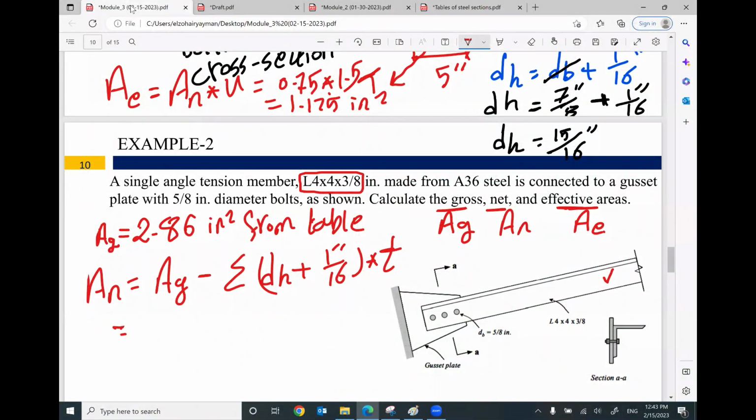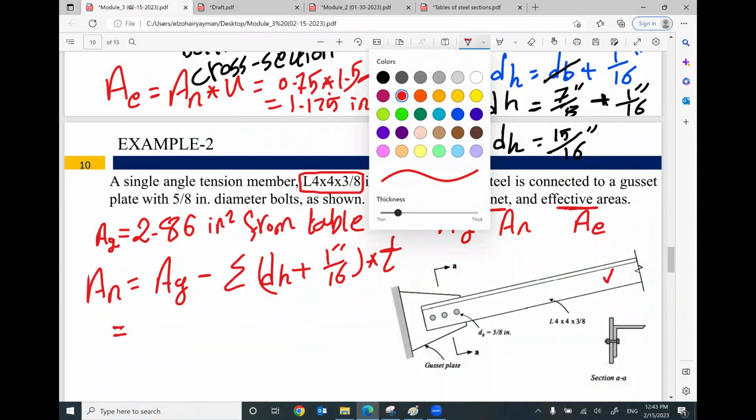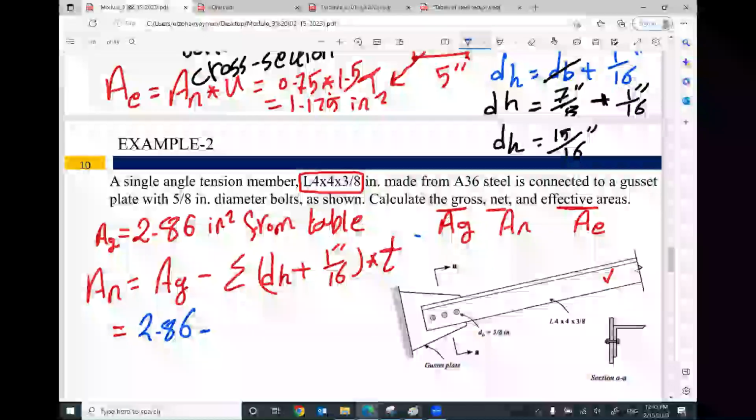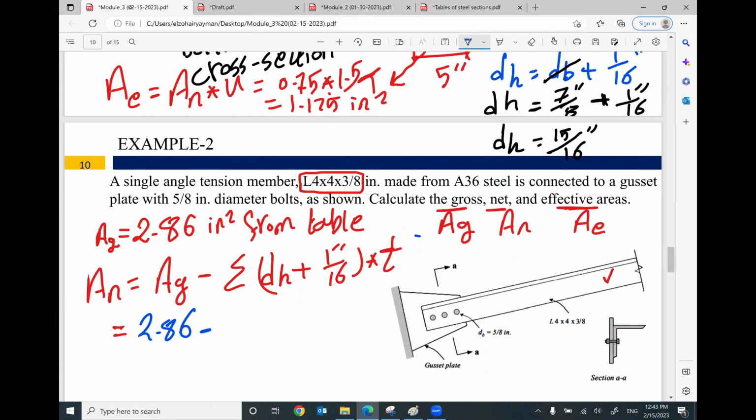This expression for area net can be 2.86 minus summation. What do you mean by summation? Do you think summation will be 3? We have 3 bolts. Any feedback? What do you mean by summation?